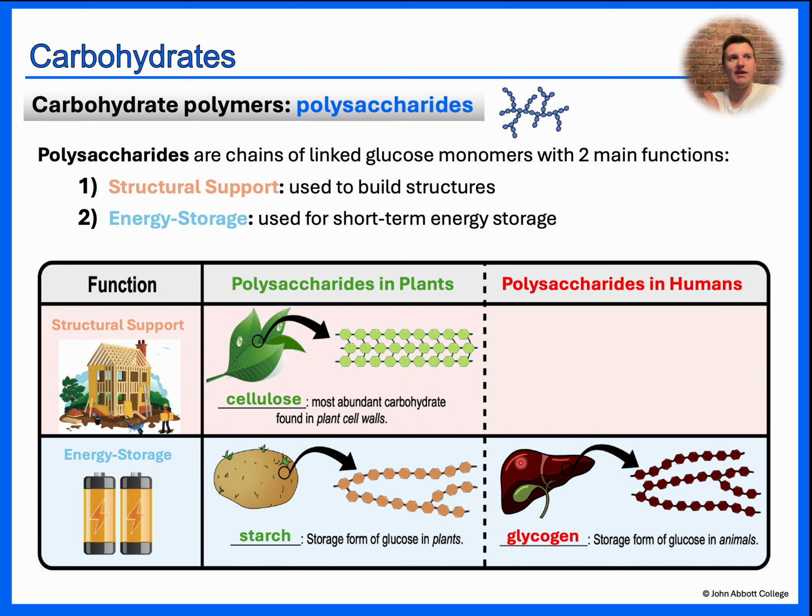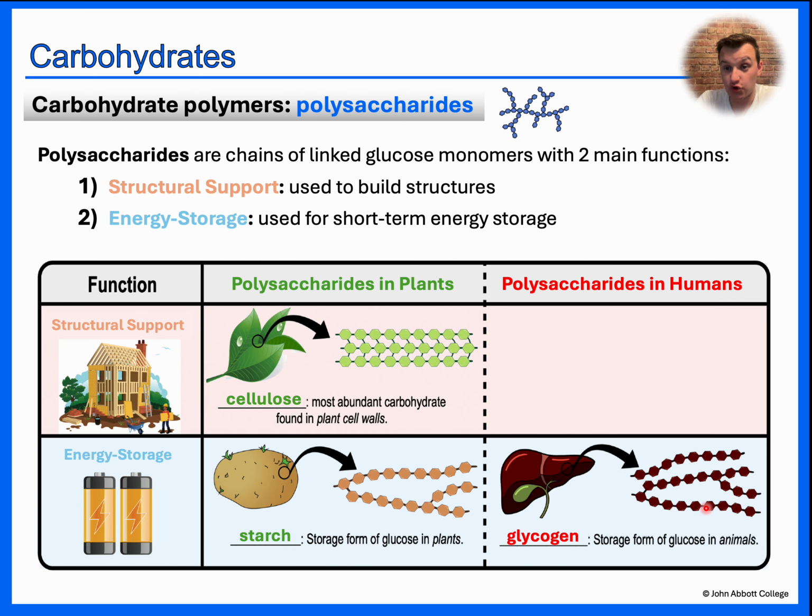So let's say you eat 10 plates of pasta. You will not be using up all of that glucose, all of those sugars you just ate. You'll store that excess sugar in your liver for later on, after you don't eat for a few hours, and you'll be able to access it.